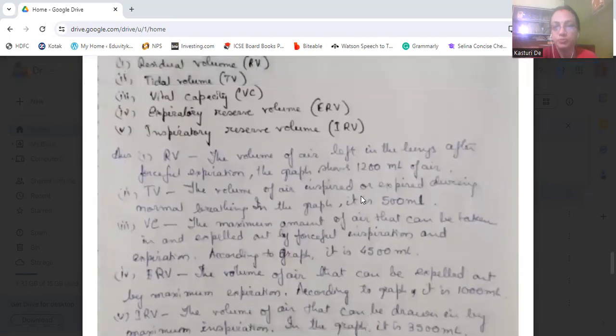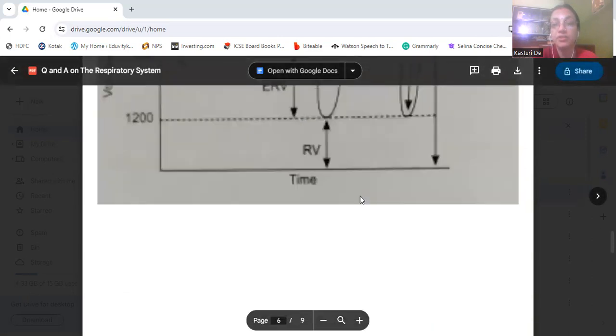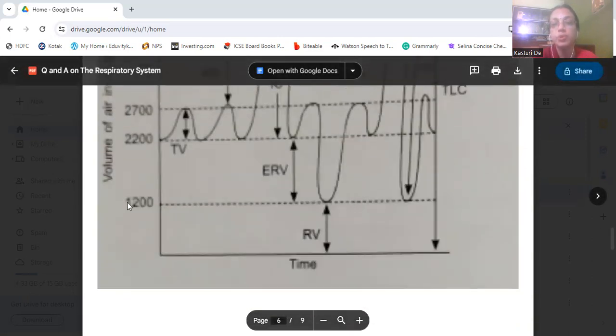Residual volume is the volume of air which is left in the lungs after forceful expiration. After we forcefully expire, the volume of air which is still left inside the lungs is known as residual volume. And the graph shows the RV as 1200 ml.